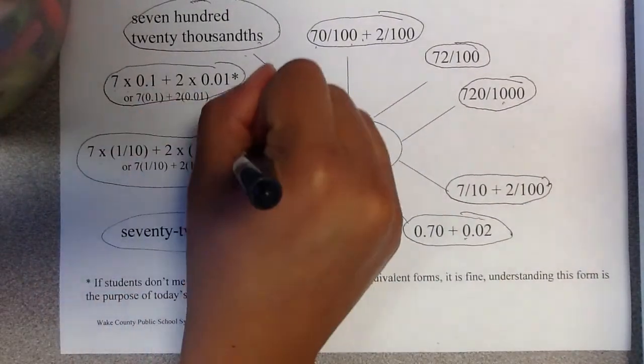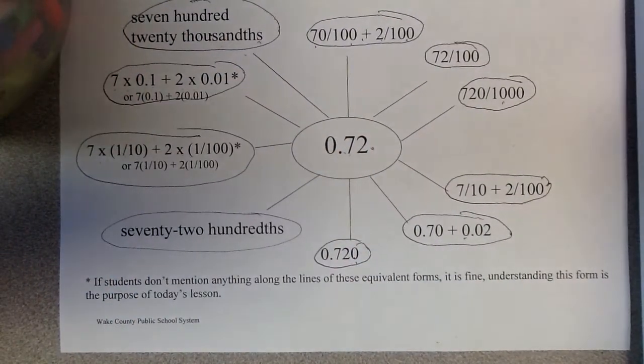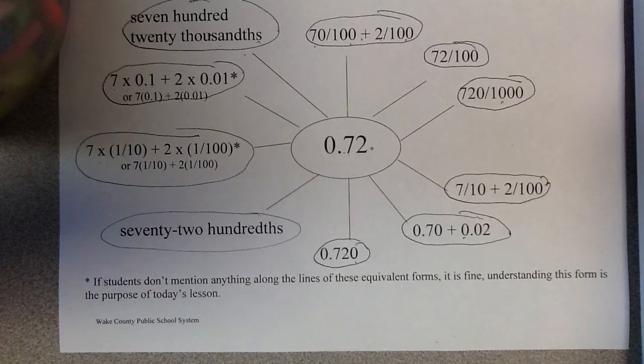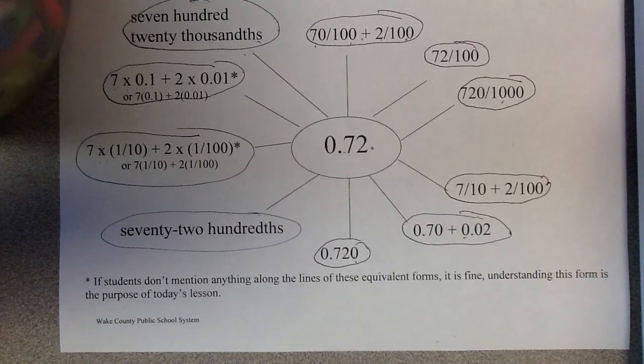Okay, I want you to choose at least 2 of the ways from this bubble map that you don't have on your list, and I want you to record those on your list of different ways to write this decimal. You're going to write those in your notebook as a different way to record this decimal. Okay? You can pause the video at this time and do that.